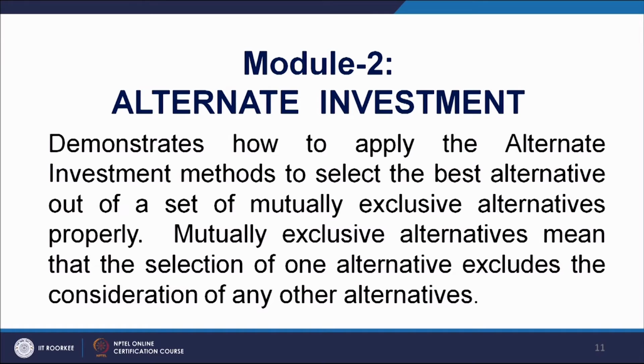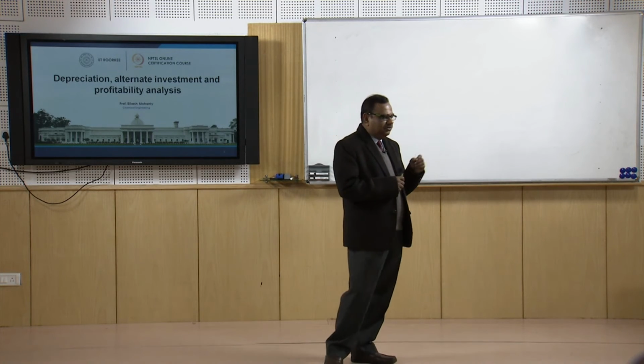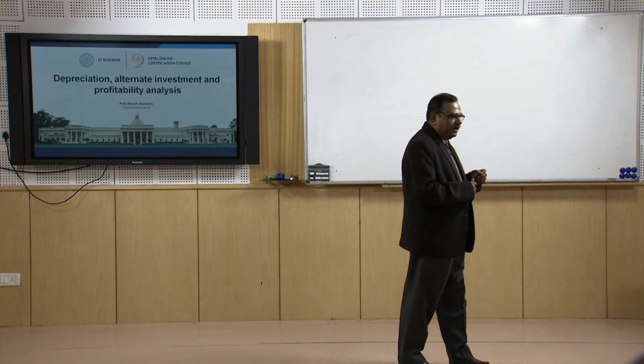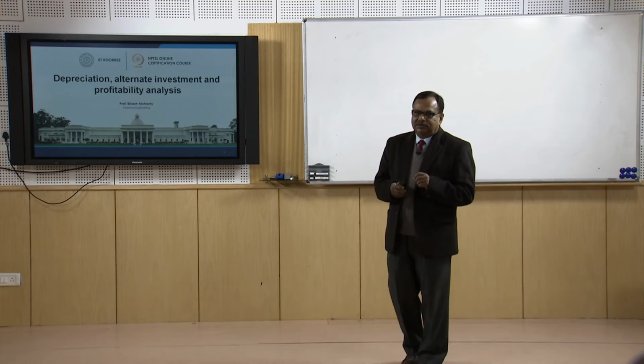Now, what is the meaning of mutually exclusive alternatives? Mutually exclusive alternatives means that the selection of one alternative excludes the consideration of any other alternatives. That means, if you have 5 alternatives, and you select one alternative out of them, then you cannot select the other 4 alternatives.